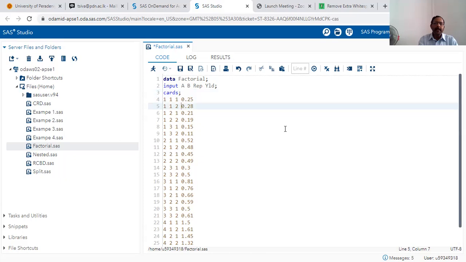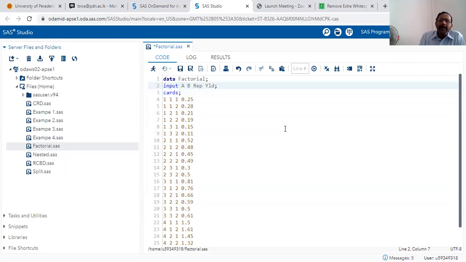Hope everybody has entered your own data. Any questions on data entering? So for data, any name could be given. Factorial I gave. Input, you can write any name such as A, so I put it as A, B. It is easy for us to identify. So how many levels are there in A?